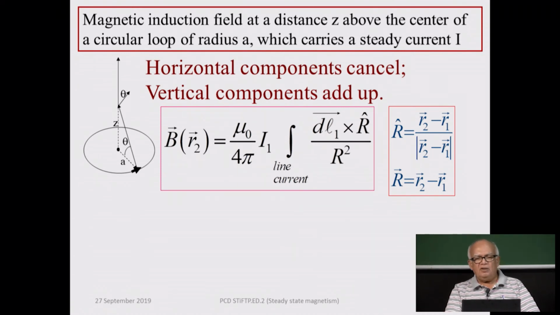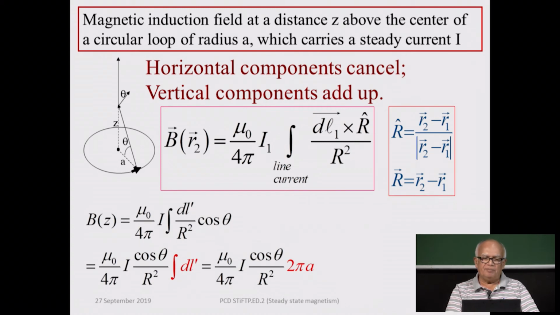And you can see that the horizontal components of the field will cancel because of symmetry, right, and it is the vertical components which will add up. So, the vertical components are the components along the z axis. So, the component along the z adds up, in this case the addition is nothing but the integration, right.